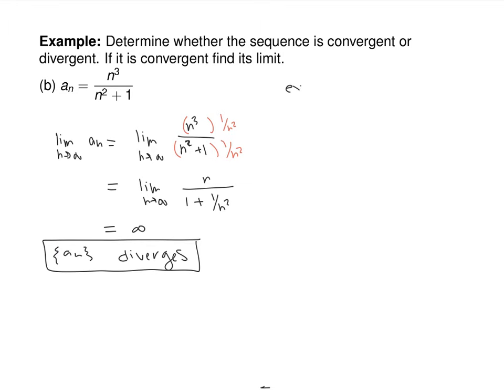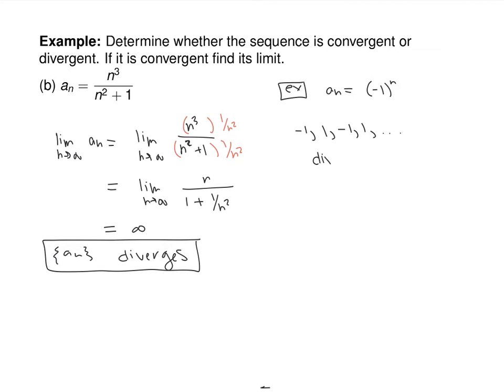Another example of something that diverges but does not diverge by going to infinity is the sequence a sub n, where a sub n is negative 1 to the n. Starting at n equals 1, let's say, this is the list negative 1, positive 1, negative 1, positive 1, etc. Those numbers, while they do remain bounded, never settle down and go to one place.